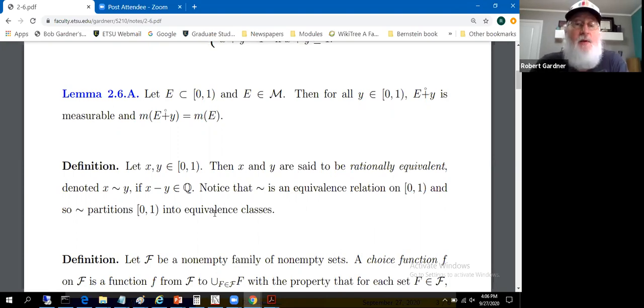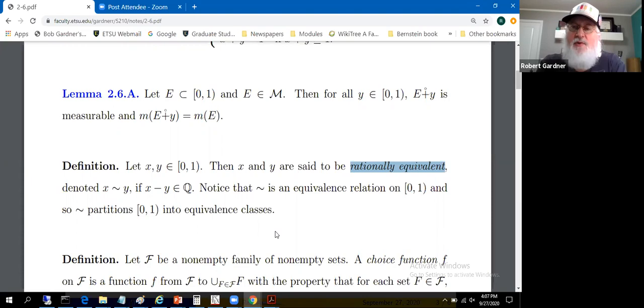All right. So take any two numbers, x and y, in the interval 0, 1. x and y are said to be rationally equivalent if their difference is rational. That's an equivalence relation on this interval 0 to 1. Of course, it's reflexive and symmetric, and it should be pretty plausible that it's transitive as well.